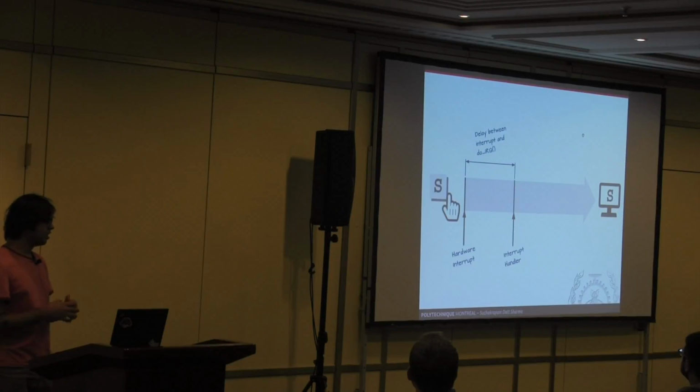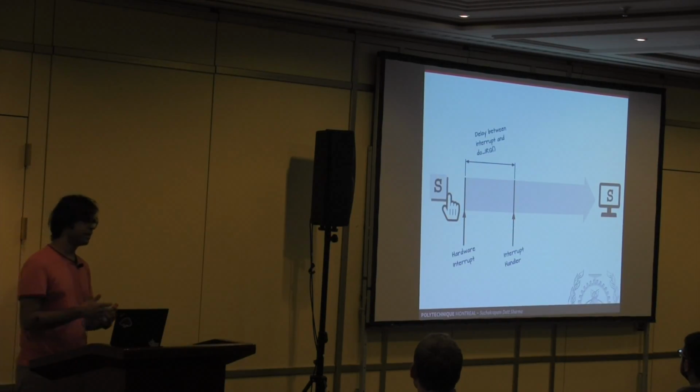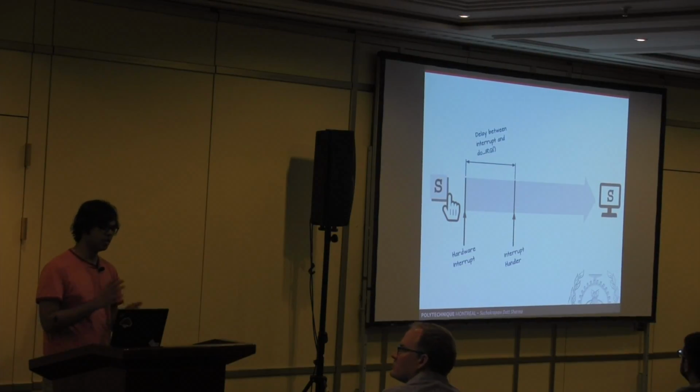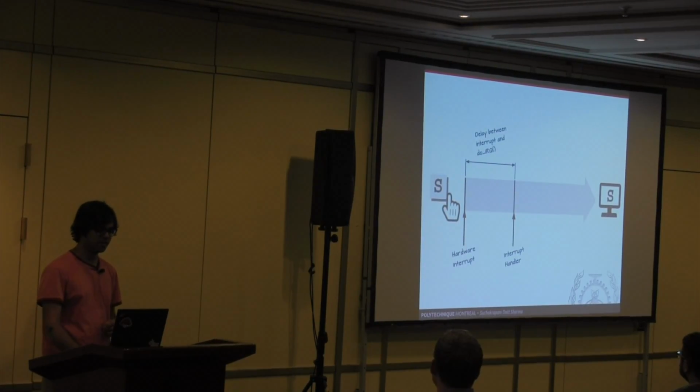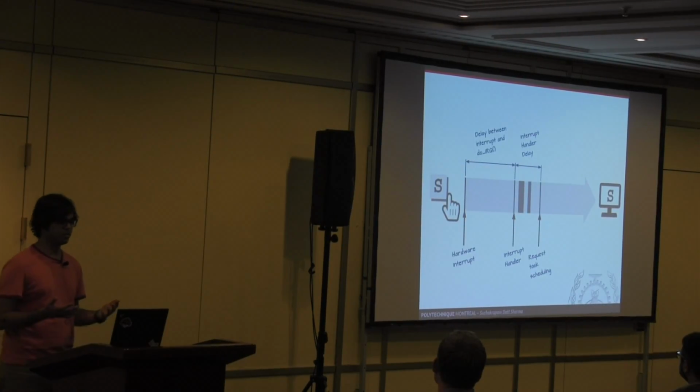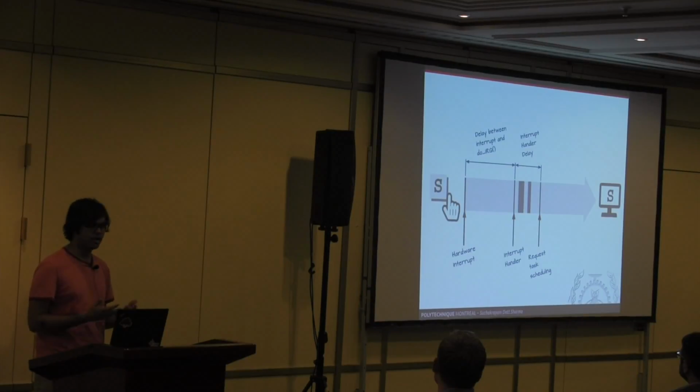Then the kernel receives the interrupt, and it's going to be handled. Usually on Linux, it's like a do_IRQ getting called. So we say there's a delay between the interrupt actually getting fired and the do_IRQ, the kernel receiving it. Then there can be latency because of the interrupt handler.